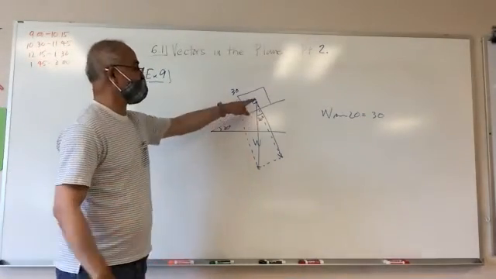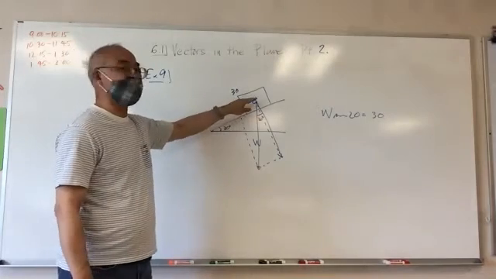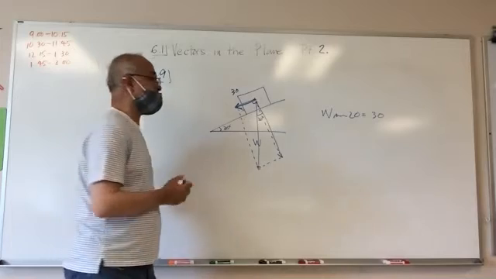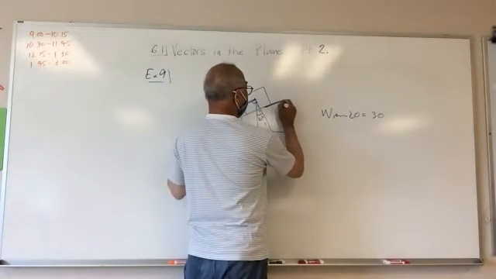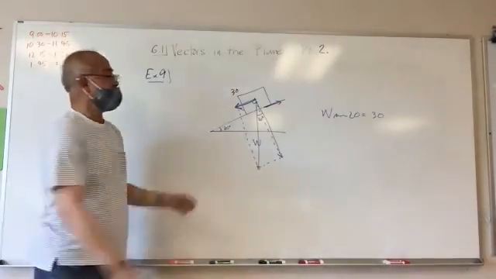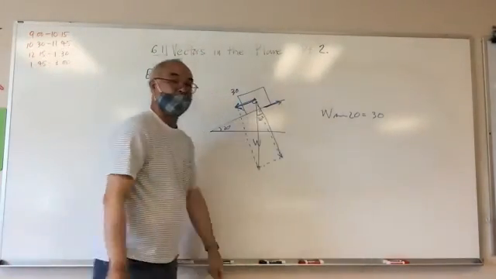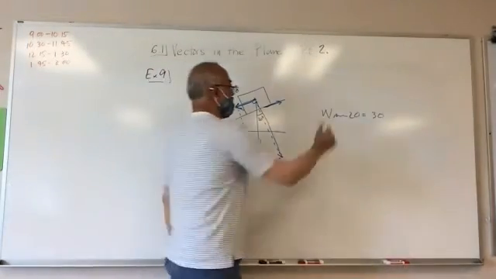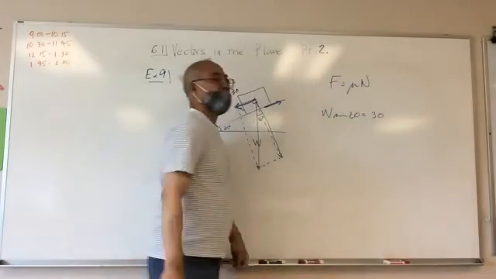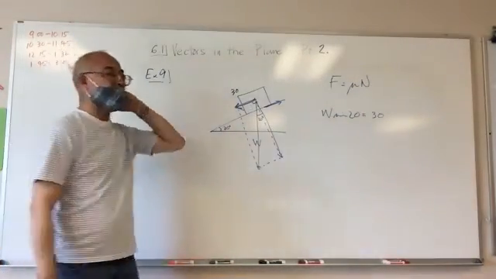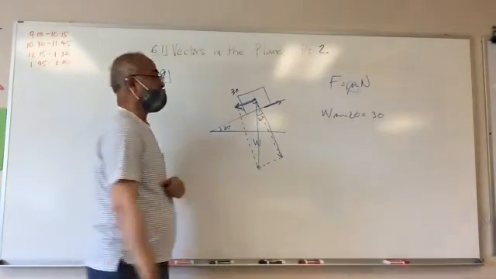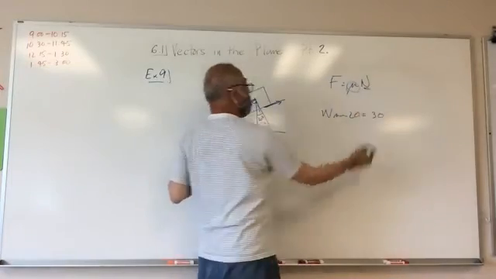Okay, so this is the force that's trying to make it fall back down here. And what's holding it from that is the friction force between this guy and the ramp. Because this guy and this guy are equal. The friction force is calculated as mu N. Mu is a coefficient of friction. And N is the normal force.